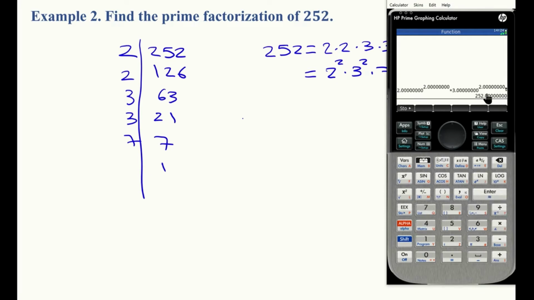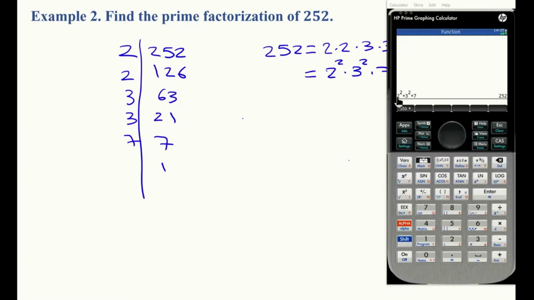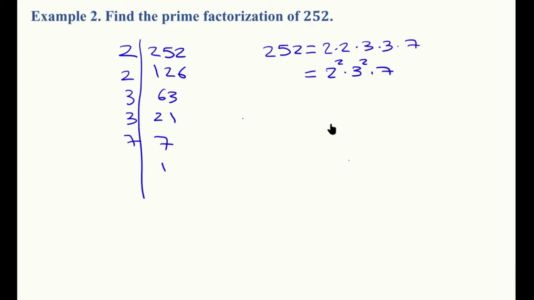I have this decimal notation which I need to change, but this is essentially 252. Okay, I changed the settings on that. It looks nicer now. So 2 squared times 3 squared times 7 is 252. All right, so again, the process is simple. Practice it. We're going to be using it quite a bit.